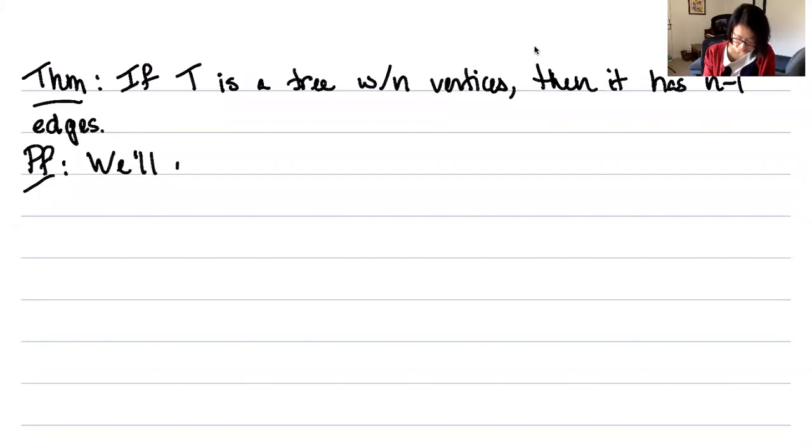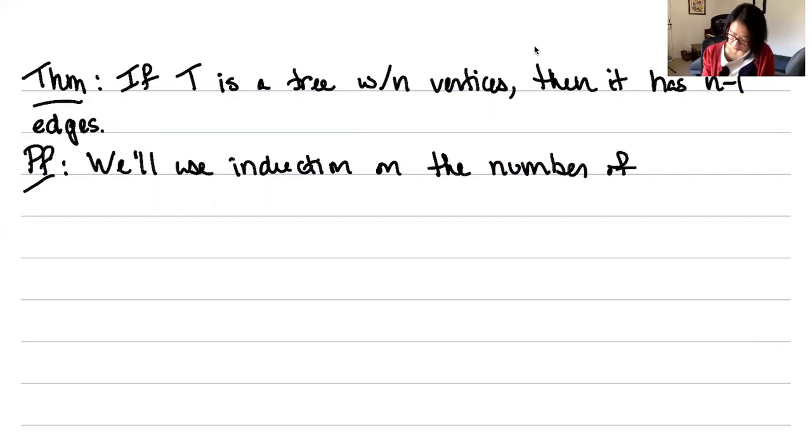Okay, so we'll use induction on the number of vertices. And we're going to start when n equals 1. So when n equals 1, we have 0 edges.